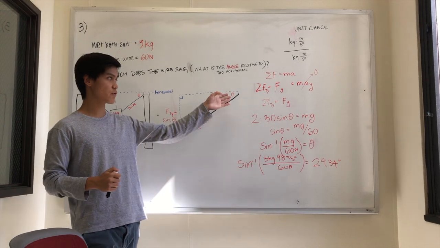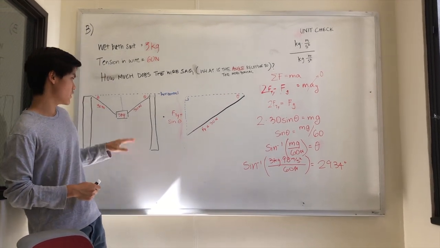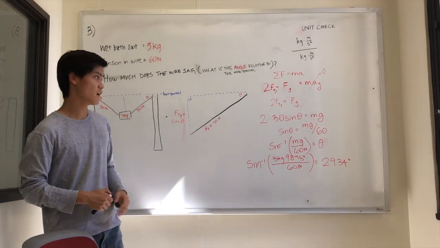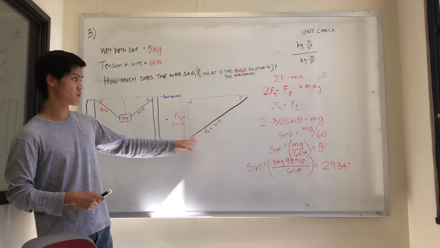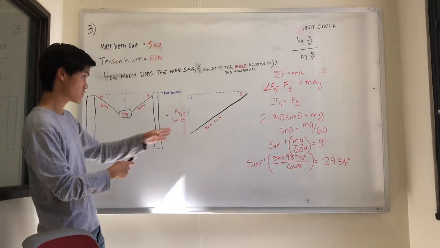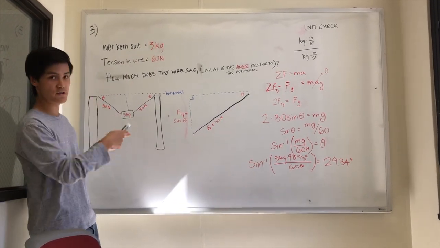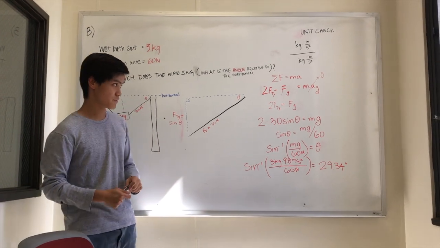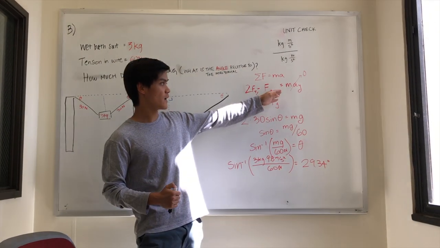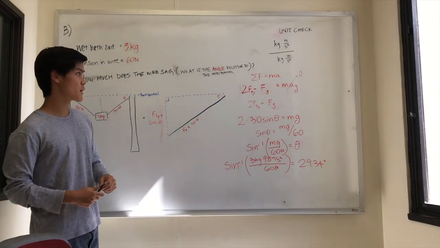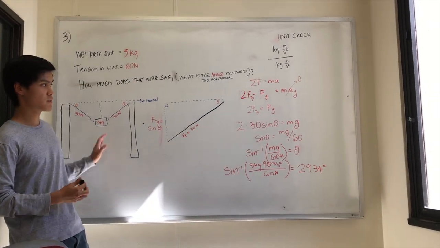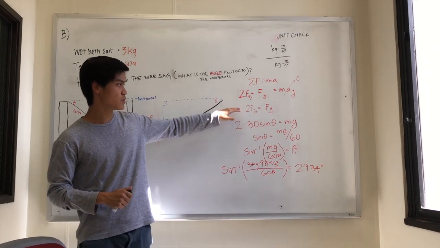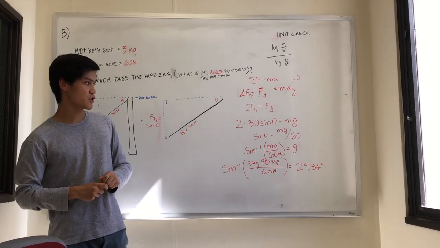We know there are 2 forces acting on the bathing suit: the gravitational force as well as the tension force, and there are two lines affecting the bathing suit. Next, we know that the acceleration is 0 because the object's at rest. From there, we can simplify the equation to 2Ft equals Fg.